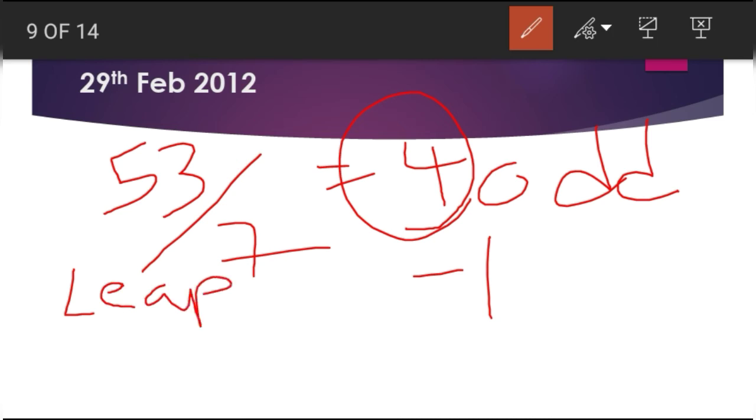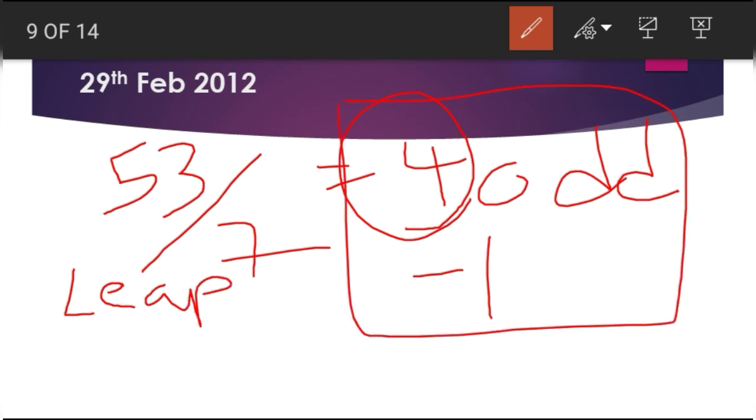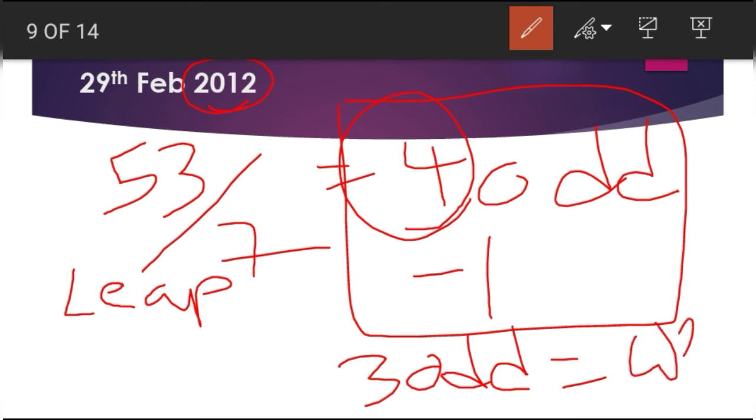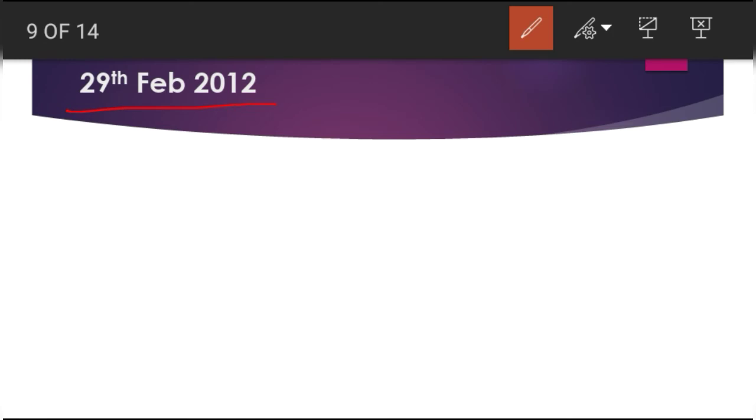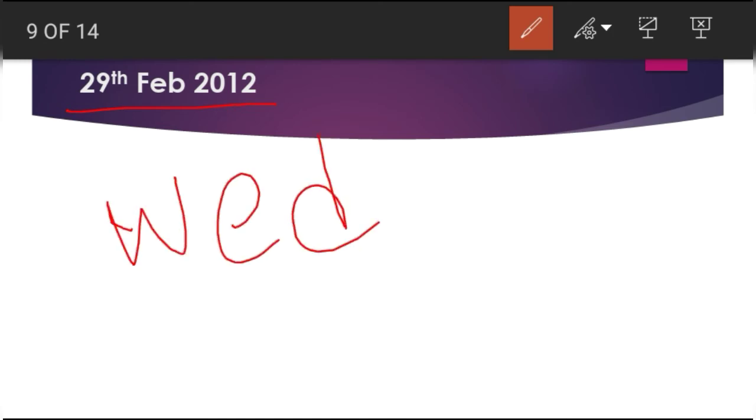Remember, for every leap year we have to minus 1 from the odd days. This is very important to remember. So 3 odd days. 3 odd days equals Wednesday. So 29th February 2012 is Wednesday.